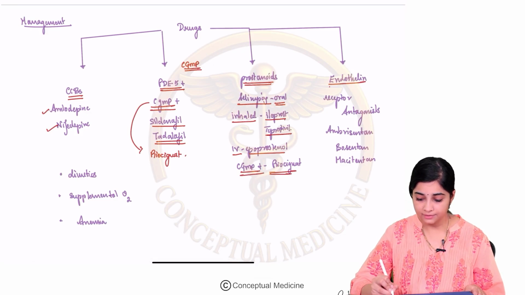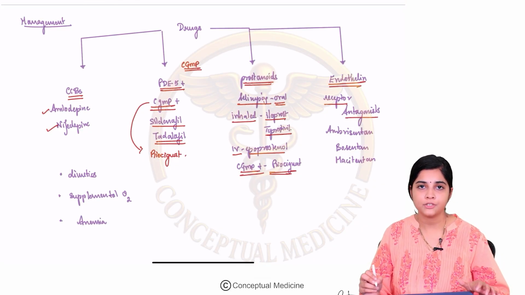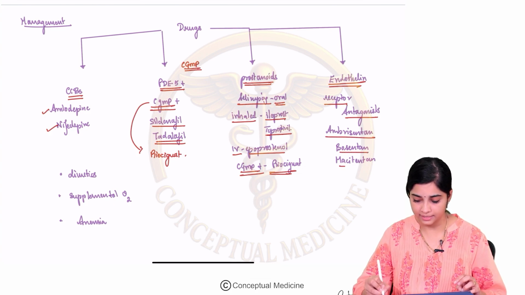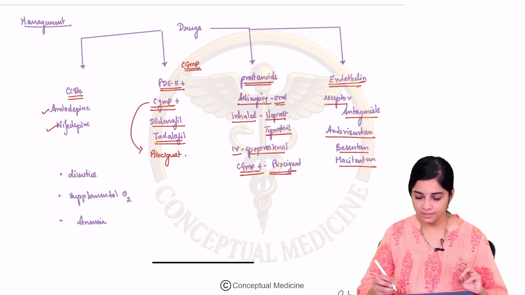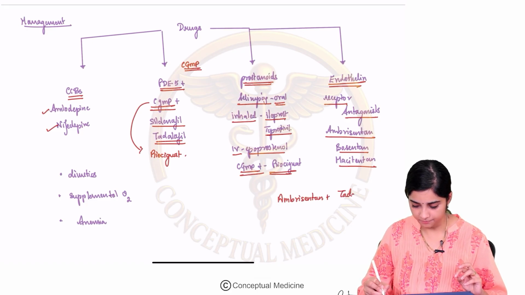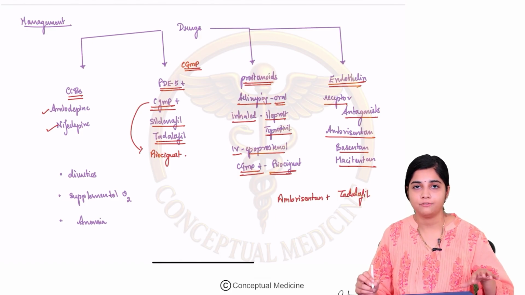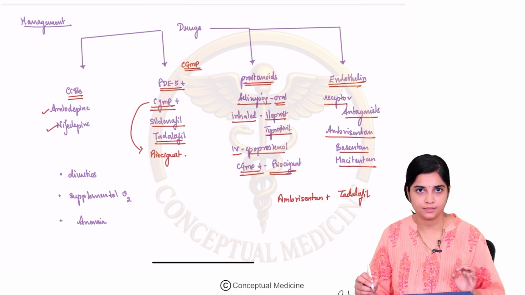Then we have endothelin receptor blockers, because endothelin is responsible for vasoconstriction. So you give endothelin receptor blockers like ambrisentan, bosentan and macitentan. What we commonly use are combination drugs, the ambrisentan plus tadalafil combination, so that two pathways can be targeted.